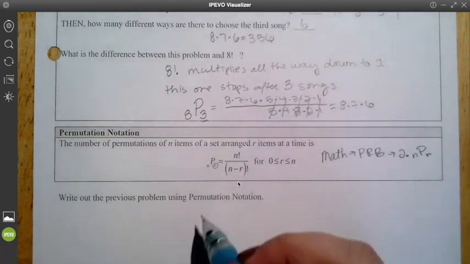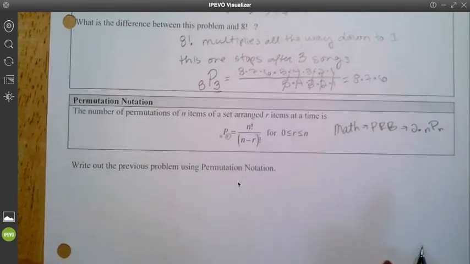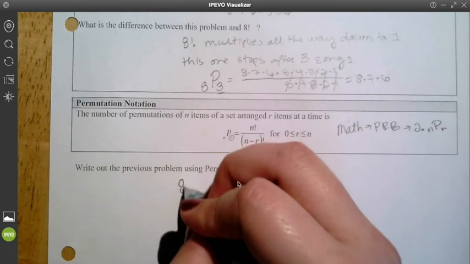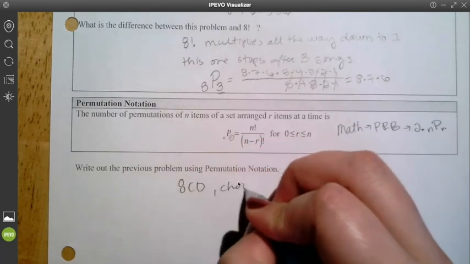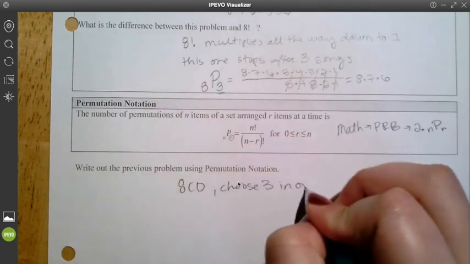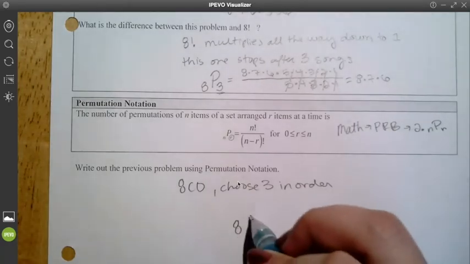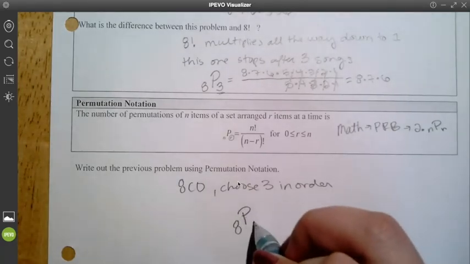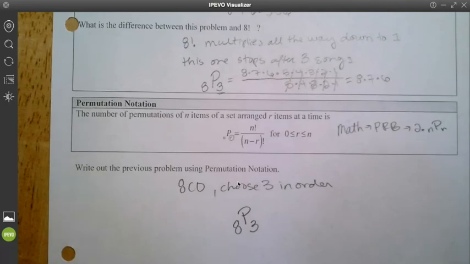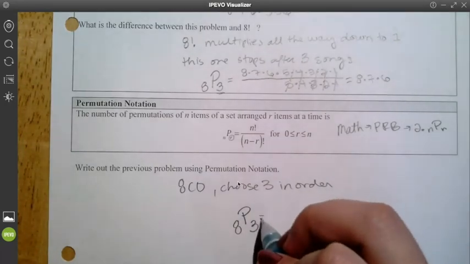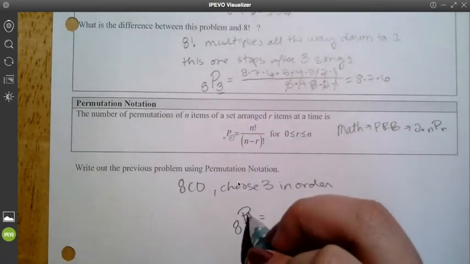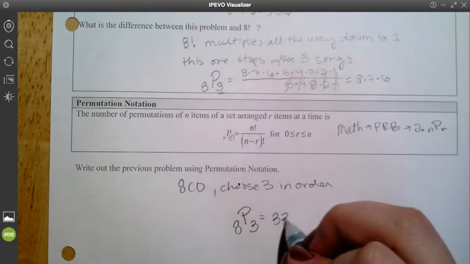Right out of the previous problem, 8 CDs, choose 3 in order, is 8, the order matters so it's a P, 3, and you'll understand what I mean by that in a minute. And 8 permute 3 is 336.